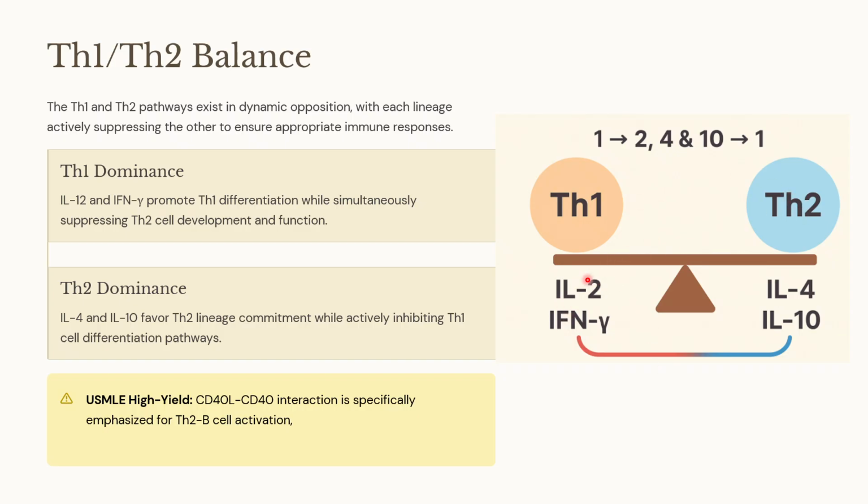Here it is interleukin 12 and not interleukin 2, and interferon gamma helps in the formation of T helper 1 cells but suppresses T helper 2 cells, because we don't want both at the same time, right? Similarly, interleukin 4 and interleukin 10 will help T helper 2 cells, but will suppress the T helper 1 cells. Whereas the CD40 ligand and CD40 interaction is particular for plasma B cells.